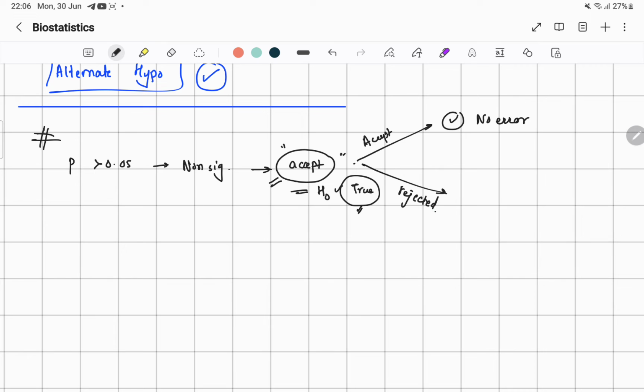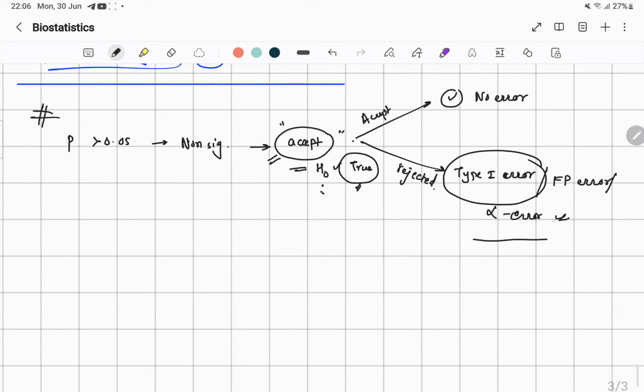If you reject the correct null hypothesis, we call it type 1 error, or false positive error, or alpha error. It is the possibility of finding an effect by chance which doesn't exist in reality. It is not existing in reality, but you are finding it. You are rejecting the true hypothesis.